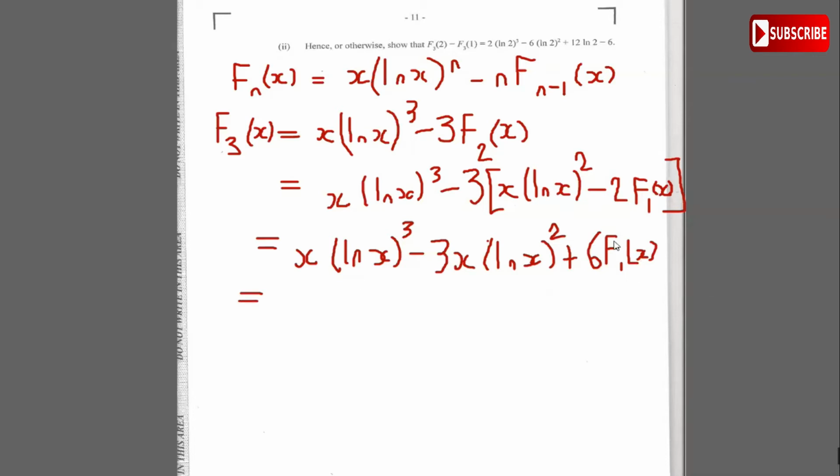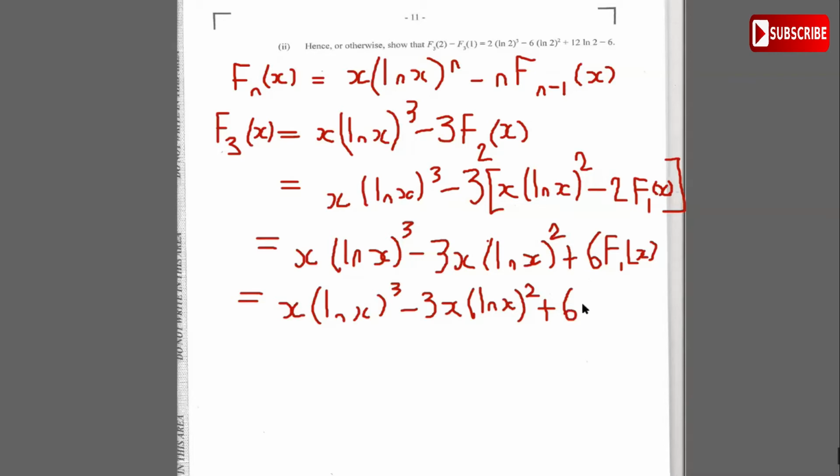Finding f1(x), we're just going to replace n with 1. So penultimately, we're going to get x (ln x)^3 minus 3x (ln x)^2 plus 6 times f1(x).